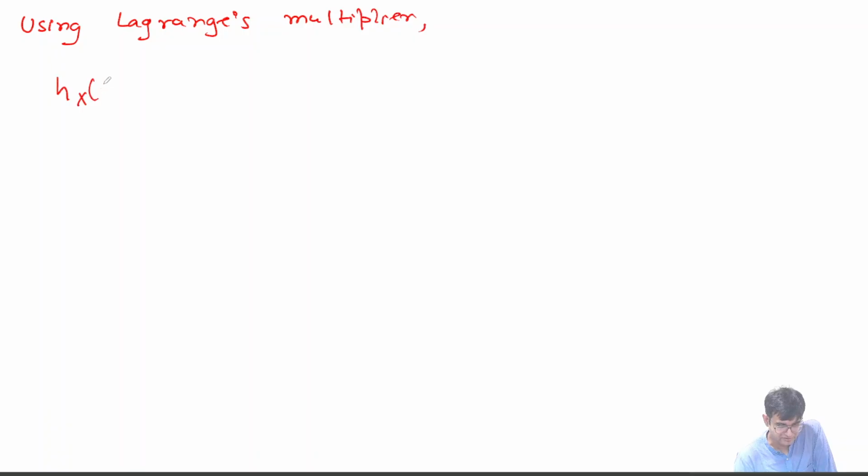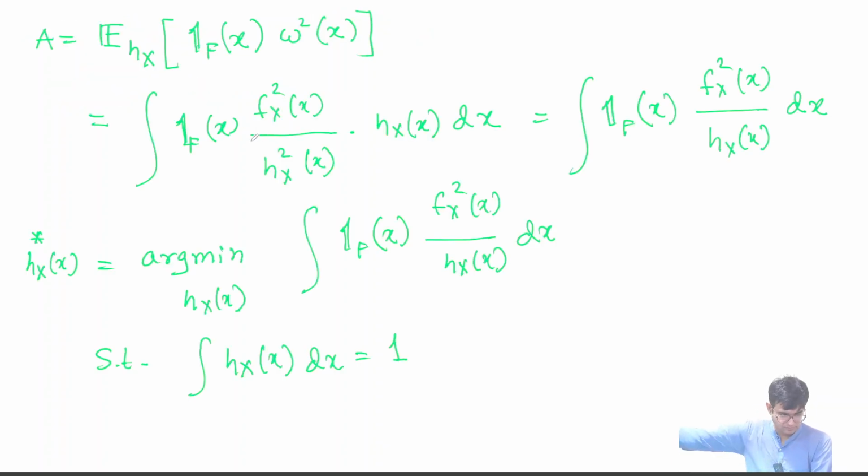Hx star is equal to argmin over hx of this objective function.